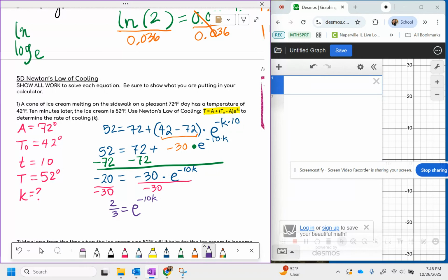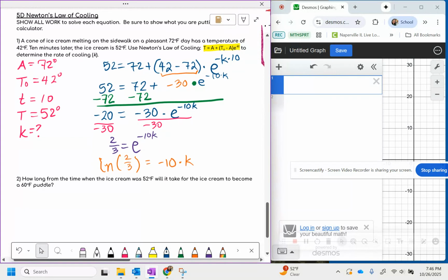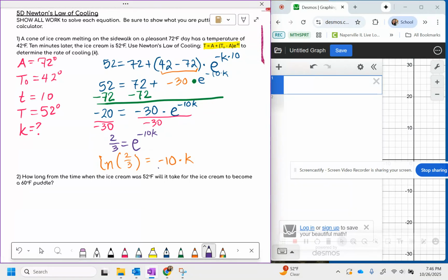And then I am going to use logs to rewrite this. So log base e, remember, is ln. My argument is 2/3, and my exponent is negative 10 times k. And then the last thing I'll do to solve for k is divide both sides by negative 10. And so then k, remember, we're going to round to 4 decimal places.